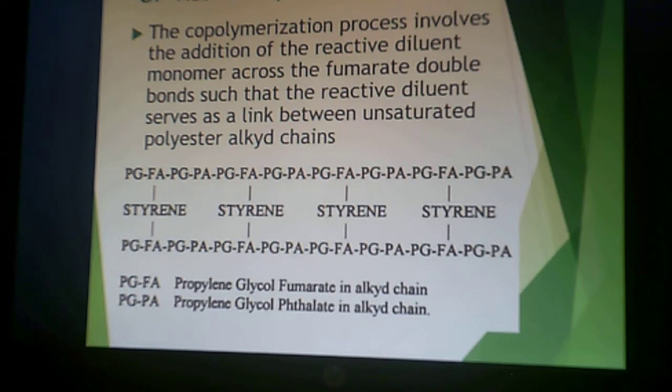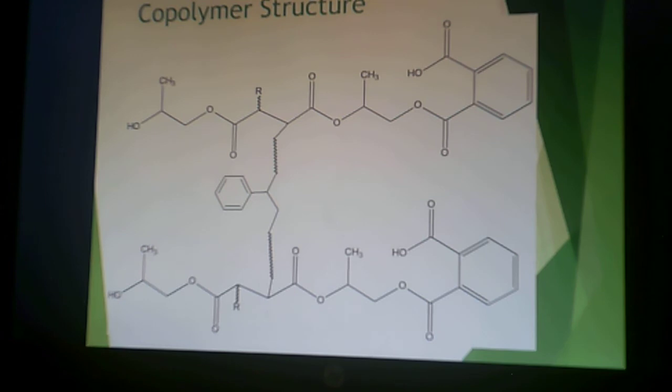So when you copolymerize, what you get is an addition of the reactive diluent across the fumarate double bond that creates a link between the unsaturated polyester alkyd chains. So here is propylene glycol, fumaric acid, propylene glycol, phthalic acid, propylene glycol, fumaric acid, and that's how the styrene adds across those fumaric acid unsaturations. So again, here is your key on the bottom, and to put this into a structure form, this is what this looks like.